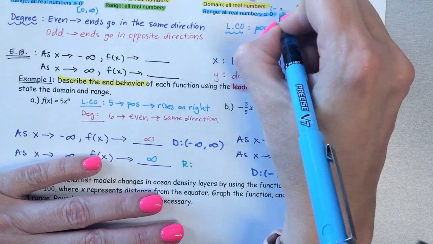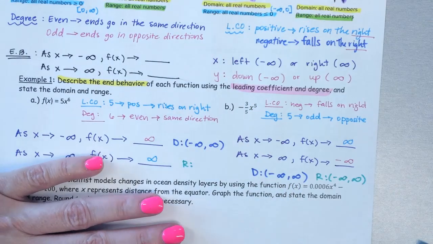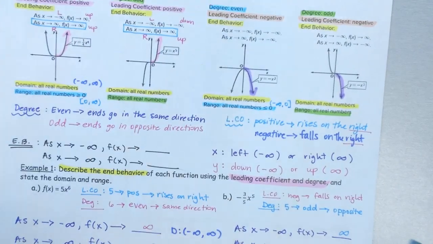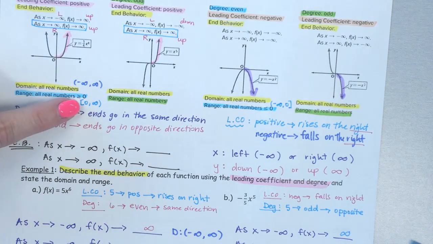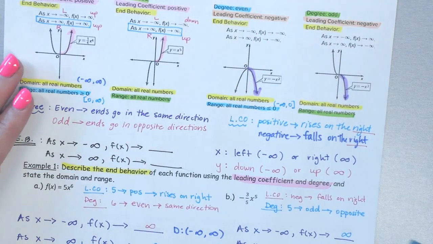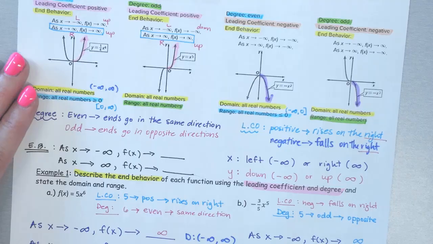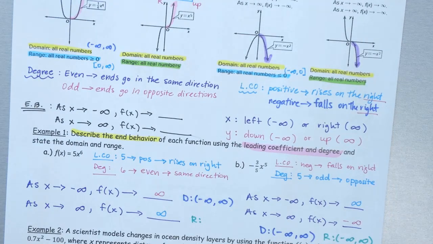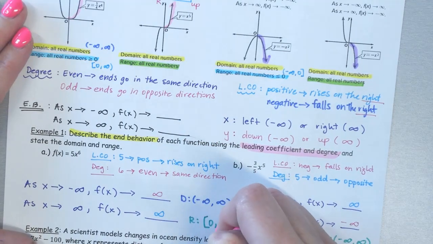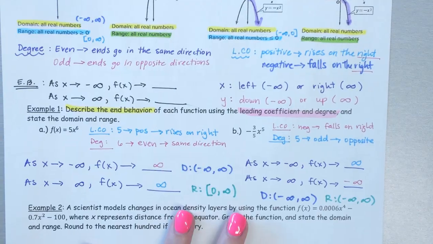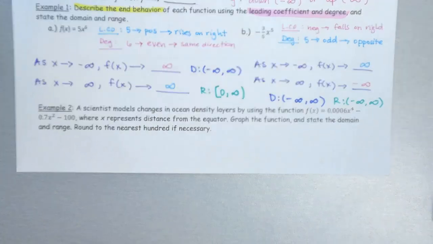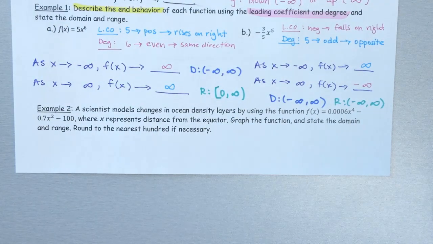That would be negative infinity up to 0, because if the graph is falling, it will be below there. So all of these are above if it's a positive coefficient, and below if it's a negative coefficient. If it's positive, it rises. If it rises, that means it goes to infinity. So 0 is where it starts, and then infinity is where it will go to. Okay, so those are the rules you're going to be using for your end behavior.